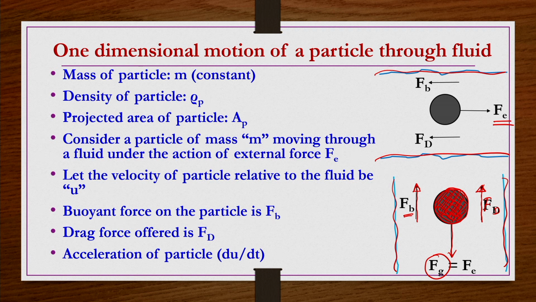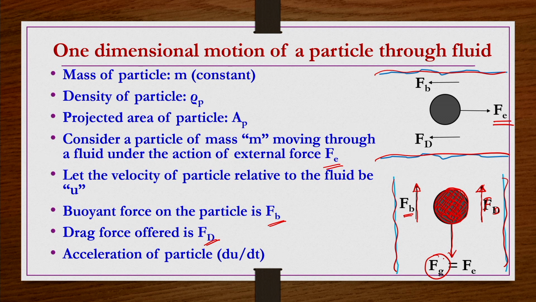What we try to do is find out what Fb, Fd and Fe are. Then we make the balance: Fe minus Fb minus Fd is equal to the net force, that is m du by dt. Then we simplify this equation to get the free settling velocity ut.